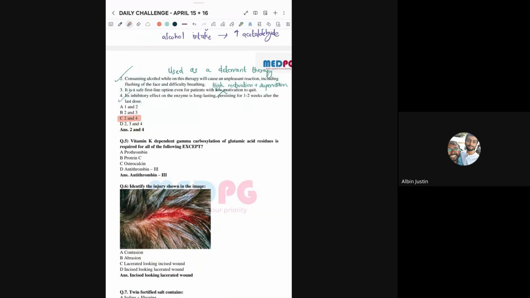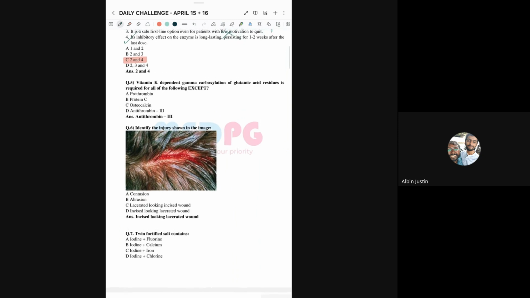Okay, question number 5. Vitamin K dependent gamma carboxylation of glutamic acid residues is required for all of the following except one. Okay, so what is the question? Which protein does not require vitamin K dependent gamma carboxylation? What are the proteins requiring it?